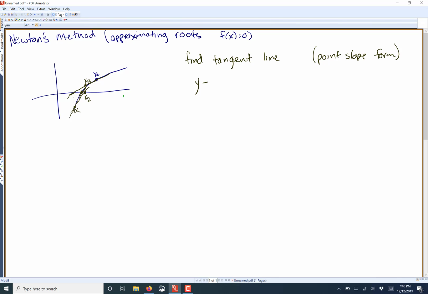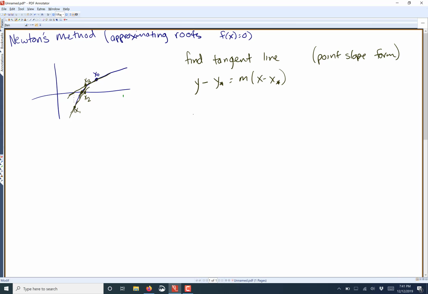Point slope form for a line is if you know a specific point on the line, you do y minus the y value of the point that you know equals your slope times x minus the x value of the point that you happen to know. Now those are going to get confusing. I'm just going to put little stars since we're going to have lots of 0, 1, 2, 3s. So this is your normal point slope form.